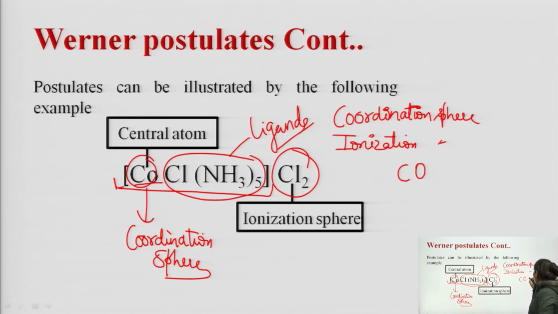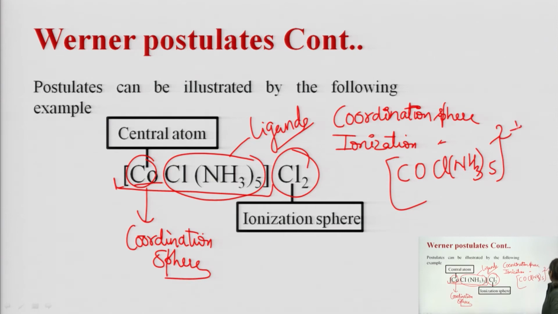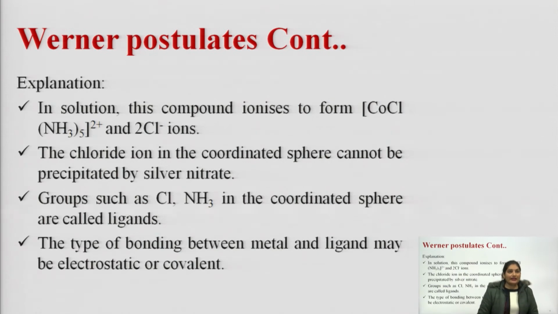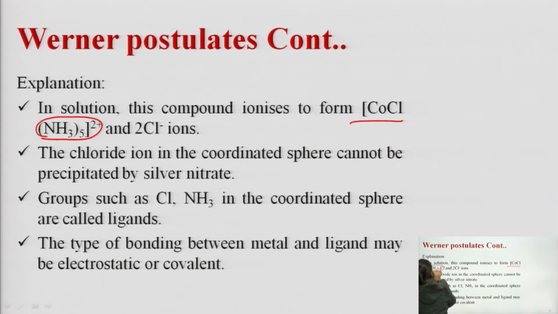When this molecule gets into solution, it ionizes to form [CoCl(NH3)5]2+ and 2 chloride ions, meaning the coordination sphere will not dissociate, and the ionization sphere separates into ions.